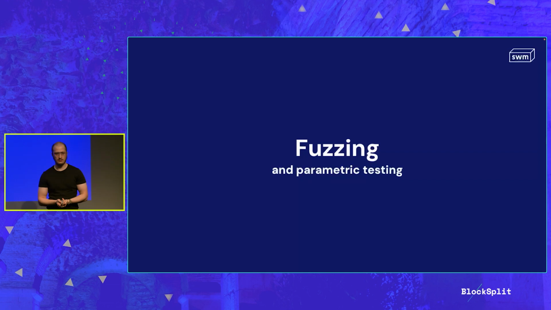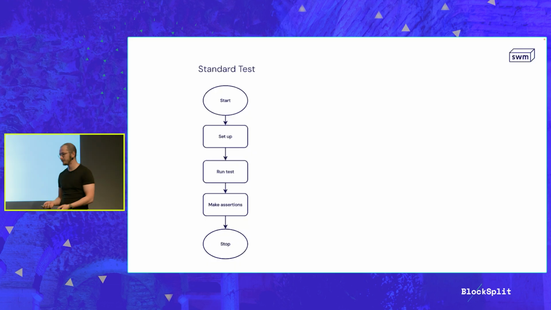So there is a hot topic also in smart contract testing, which I don't think is relevant in normal testing. I don't think I noticed that. It is fuzzing and parametric testing, not so much, but fuzzing especially. So a standard test is comprised of three main components. You do a setup, run the test, make some assertions, simple.